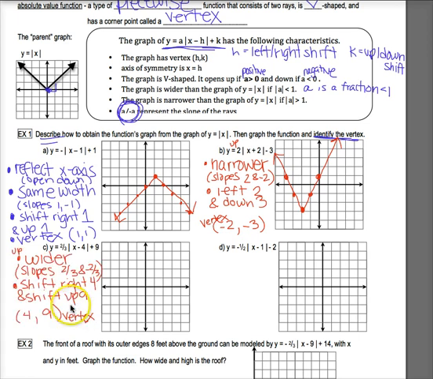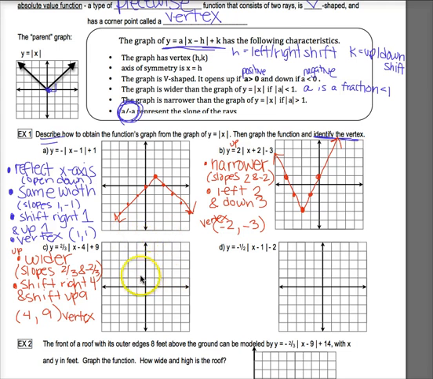Now, never ever plot until you know where your vertex is and which way it opens, because here, everything I've done so far, I've counted by ones. Here I can't because +9 is way up. So I need to count by something different. I need to use a different scale. If I use 2s, 2, 4, 6, 8, 10, I can get it on there, but this one opens up. So I'd be trying to squish to get it in.